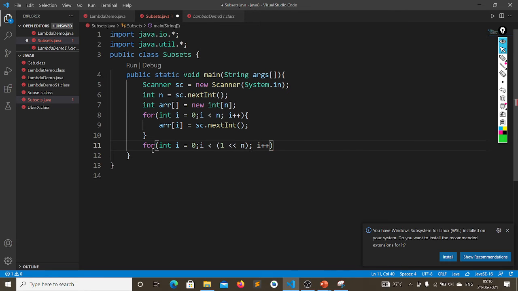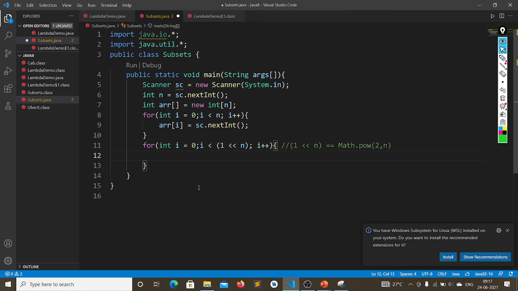To avoid confusion, this 1 left shift n is equivalent to Math.pow(2, n). So instead of writing Math.pow(2, n), I just wrote 1 left shift n. Why I wrote it like this, I already explained in this video.